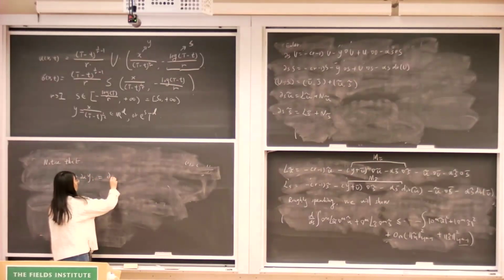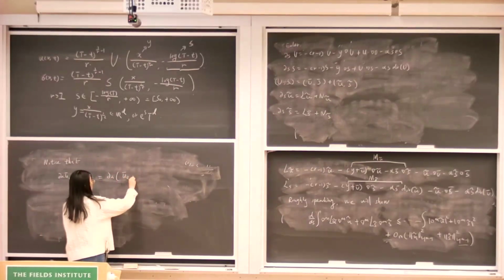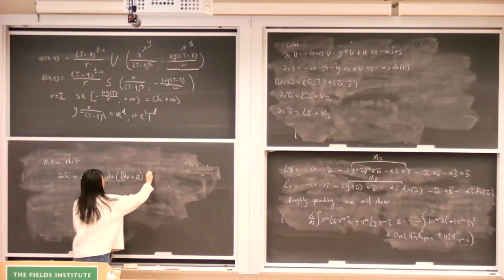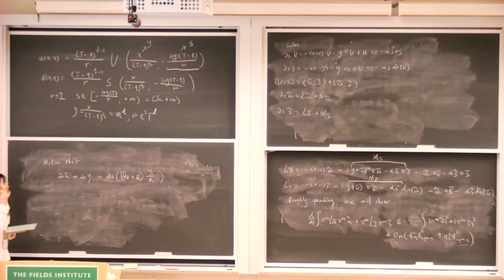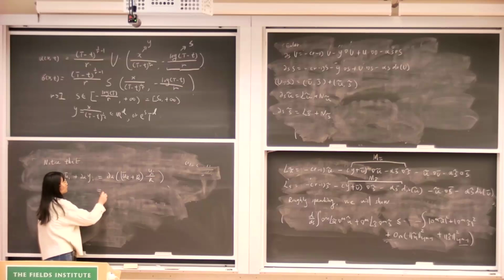This is partial alpha of UR plus R times YI over R. This is the I component. Then the derivative will just follow, because they are radial.